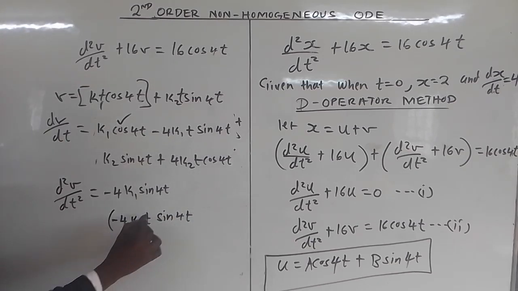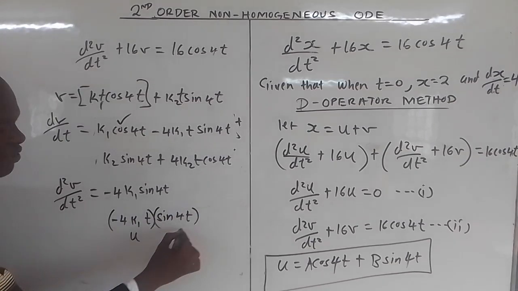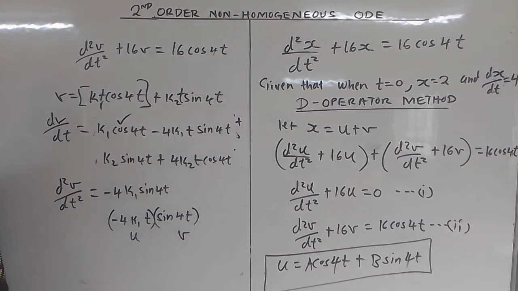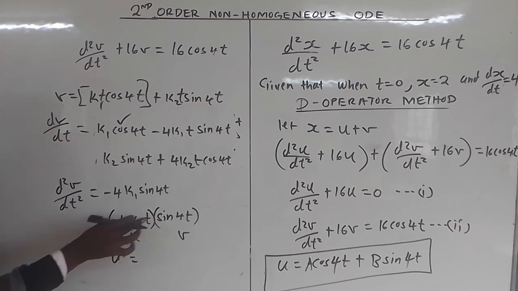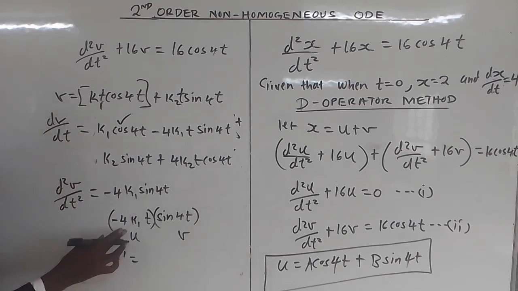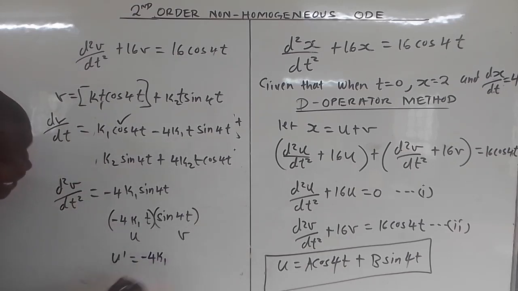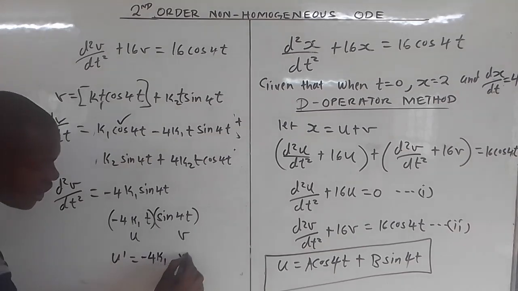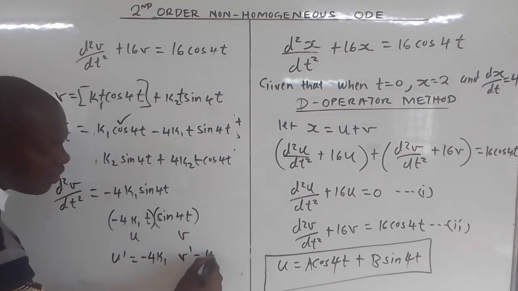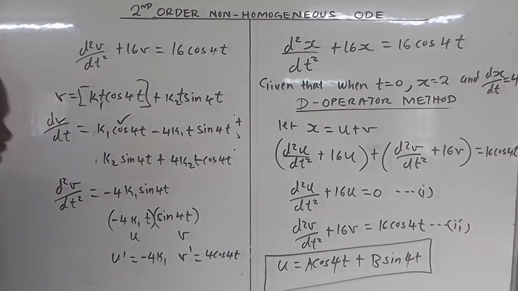So you can let negative 4 k1t be u and sine 4t be v, isn't it? So if you differentiate u, you remain with negative 4 k1, because negative 4 k1 is a constant. If you differentiate t, it's 1, isn't it? So you remain with negative 4 k1. Then v: if you differentiate v, you get 4 cos 4t, isn't it?